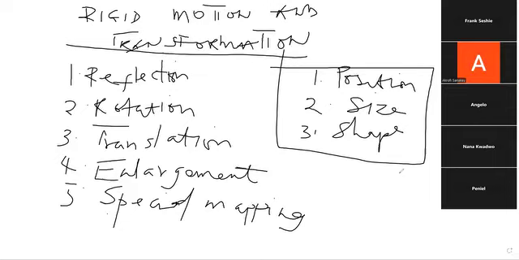Special mapping, same. So all of these five different types of transformations will all undergo what I term positional change. It means that their positions change. Where the object is, that is not where the image will be.